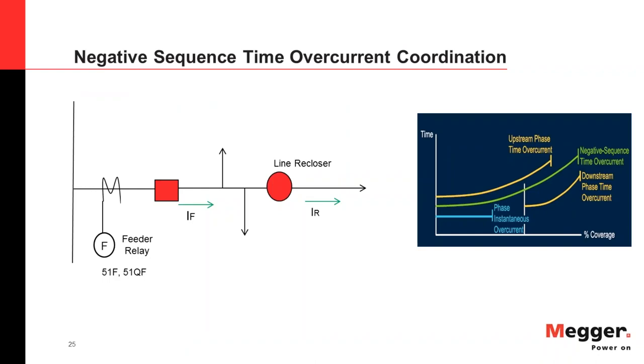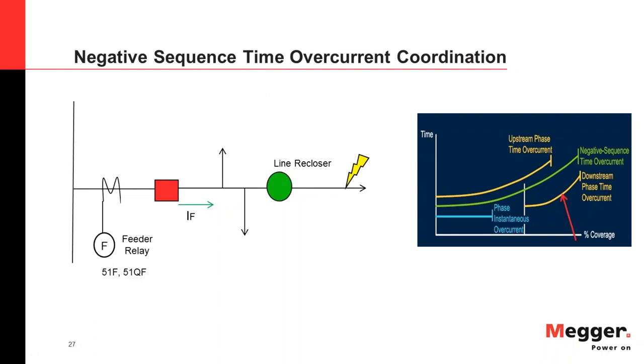So let's take this as an example to have a good understanding of what I'm saying. I have a system like this. I have a line recloser. I have a feeder breaker and feeder relay, which has both phase overcurrent elements and negative sequence overcurrent elements. Let's say I have a fault here, which is beyond the line recloser.